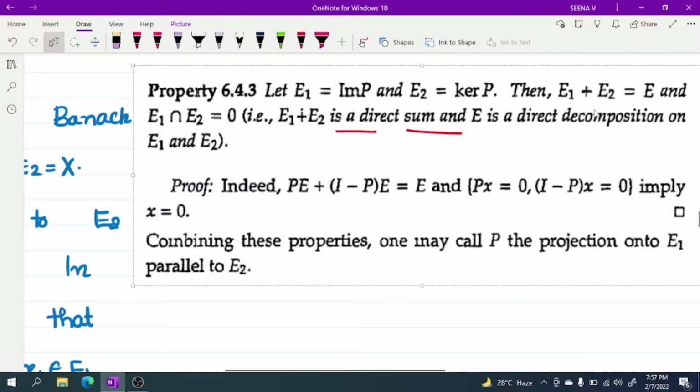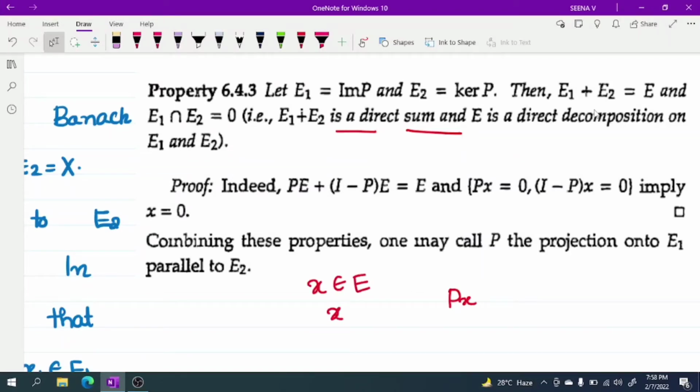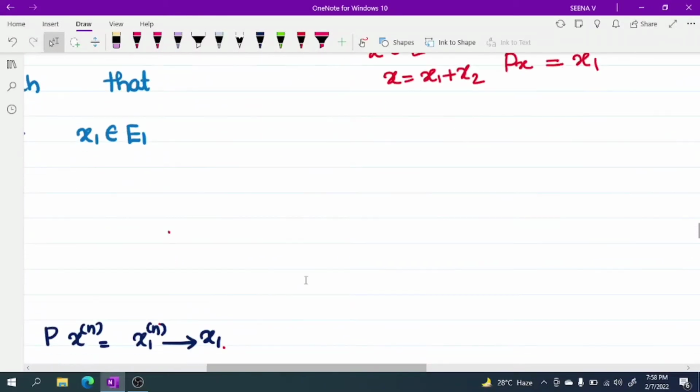So what we are defining is P: suppose x belongs to E, and if we write x equal to x1 plus x2, then we define Px equal to x1. Here P is a function from X to E1. We have to prove P is a closed graph operator.